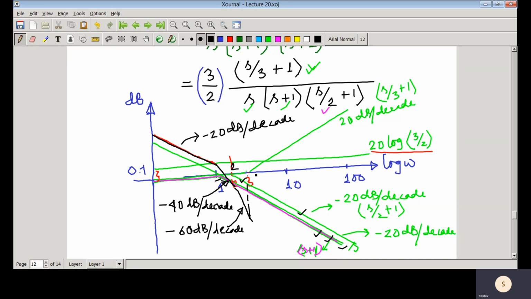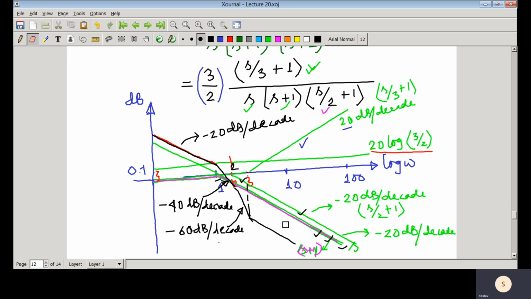And at 3 you can see that there is one asymptote which is positive, and it is 20 dB. So from -60 plus 20, that means you have -40 dB per decade. So from here you have a slope of -40 dB per decade.